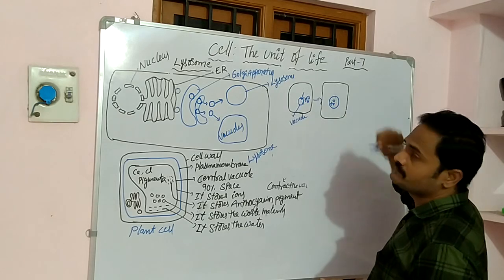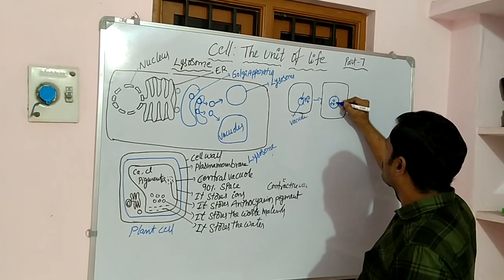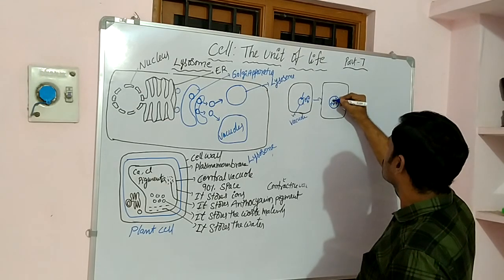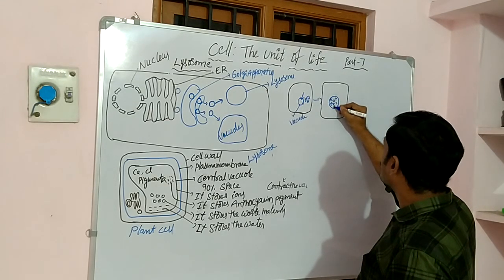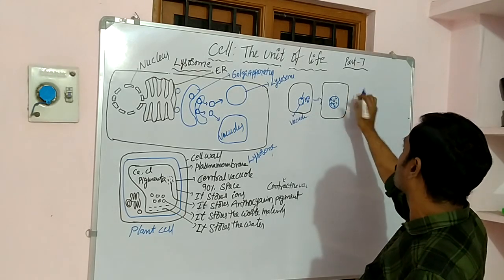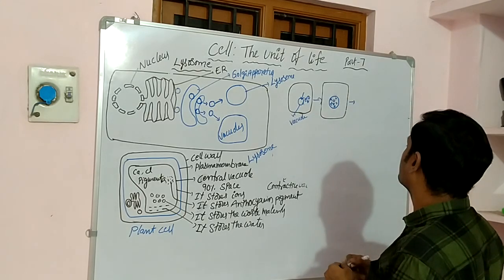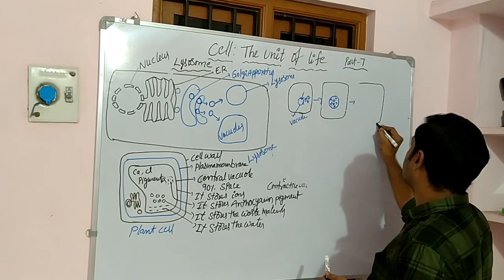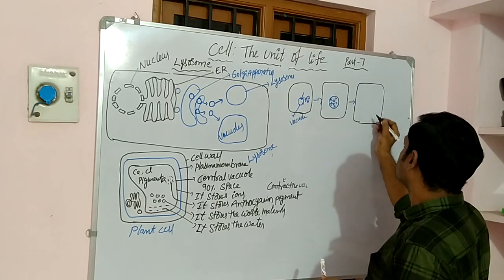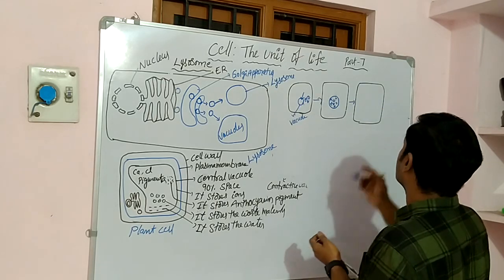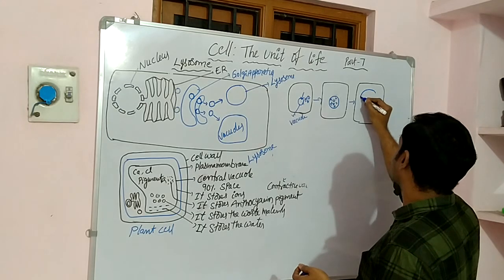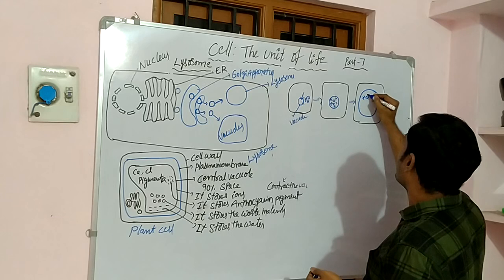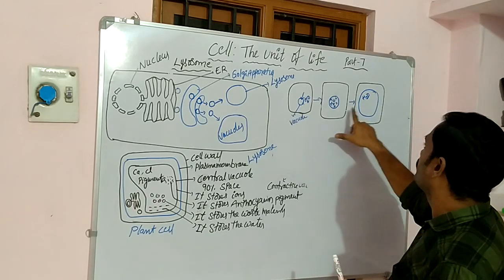Then once it is filled with water, it gives some pressure into the vacuole. Then automatically, what will happen here? The size of the vacuole becomes big like this, due to the water which enters into the cell.